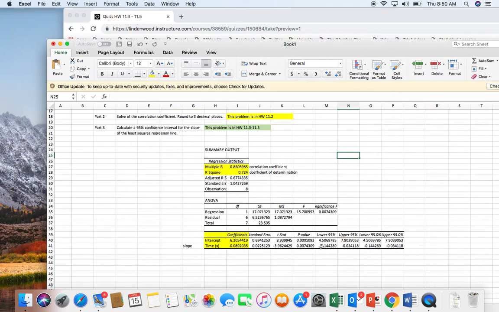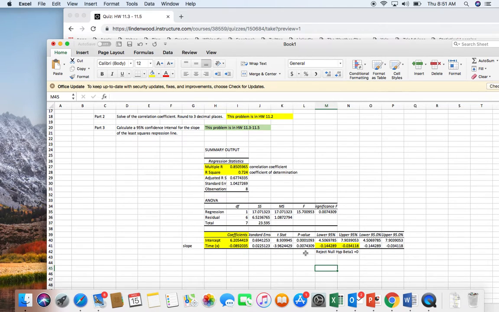First of all, you can look at your confidence interval of the slope, and you will see for 95% both values are negative, which does not include 0, and therefore you would reject a null hypothesis of beta 1 equaling 0, in favor of an alternative hypothesis that says there is sufficient evidence to say that time is a good predictor of mass.